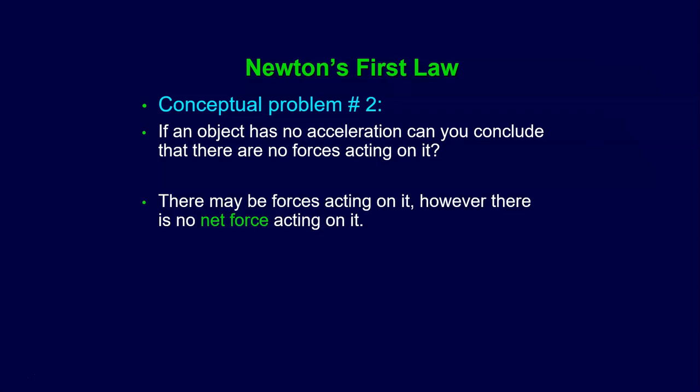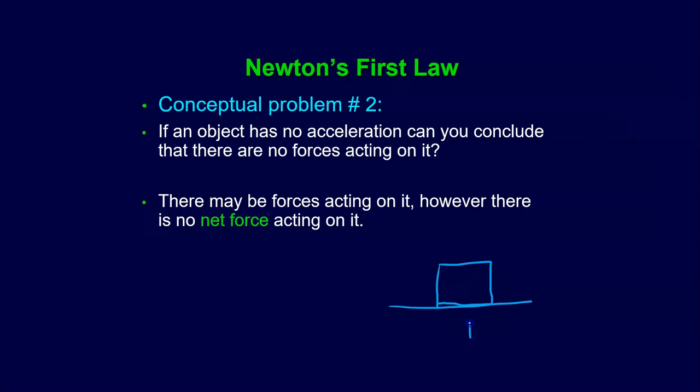All right, so there may be forces acting on it. However, there is no net force acting on it. And what that means is, there may be some forces acting on it, but those forces are canceling out. So a really bare example would be if you put a box on a table like this.